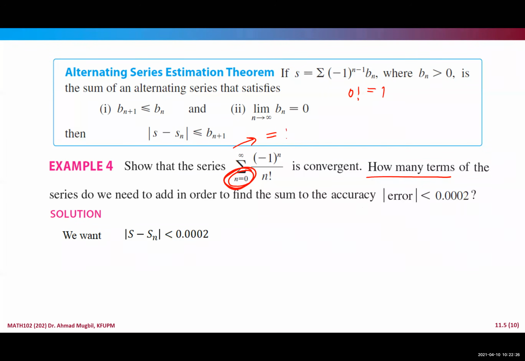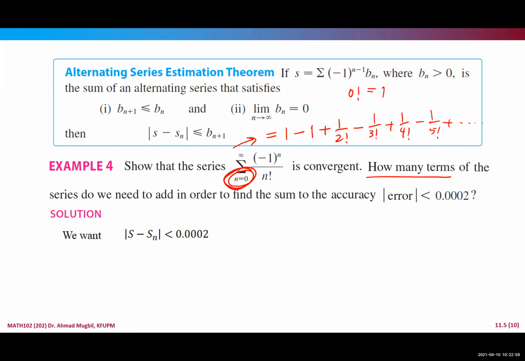Shortly, we have 1 minus, when n is 1, 1 over 1, which is also 1, plus 1 over 2 factorial, minus 1 over 3 factorial, plus 1 over 4 factorial, minus 1 over 5 factorial, and so on. This will give you an idea about how many terms we need to add.